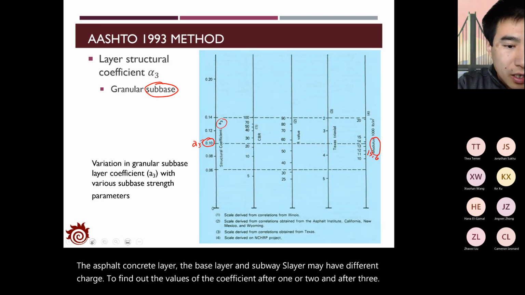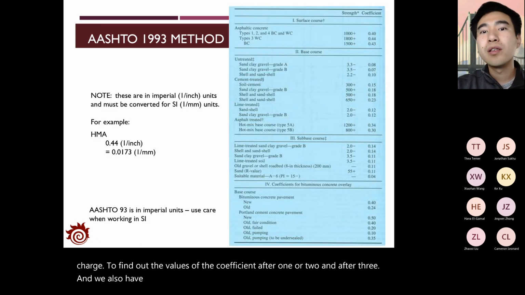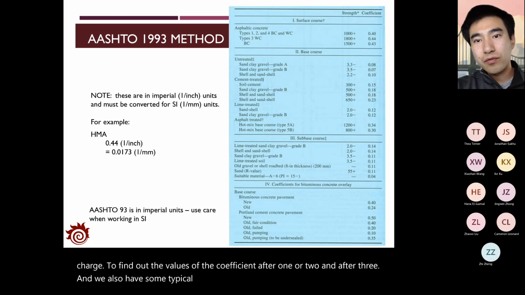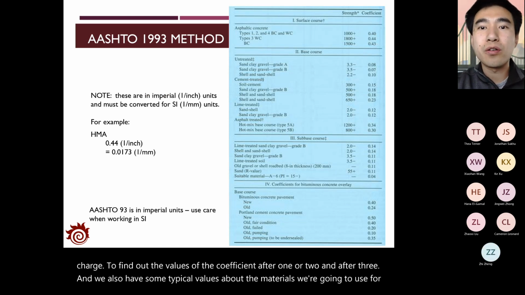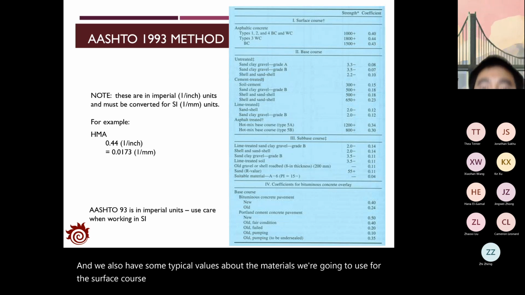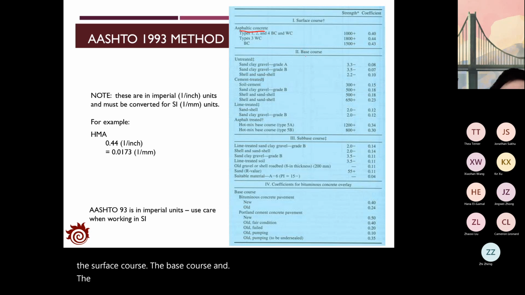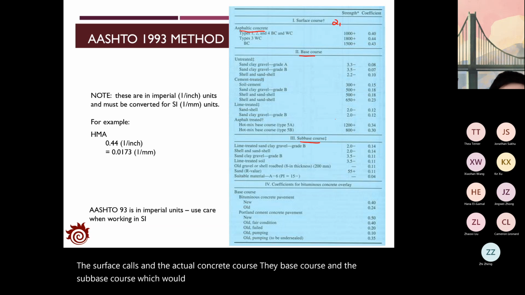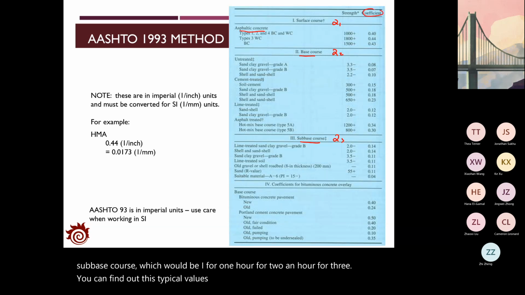We also have some typical values for the materials we're going to use for the surface course, the base course, and the sub-base course, which would be alpha 1, alpha 2, and alpha 3. You can find these typical values, which were shown in the last column, depending on the strengths.